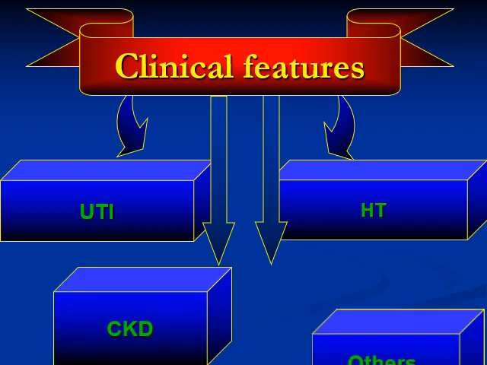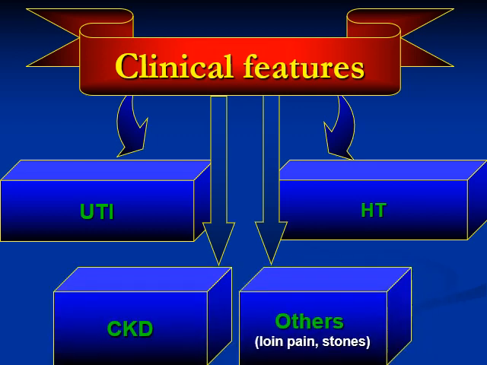What about the clinical features of vesicureteric reflux? Urinary tract infection. This is the most common presentation, and it is usually recurrent. In neonates, there is failure to thrive and recurrent fever. In children, the full-blown picture of a urinary tract infection, as will be mentioned later.